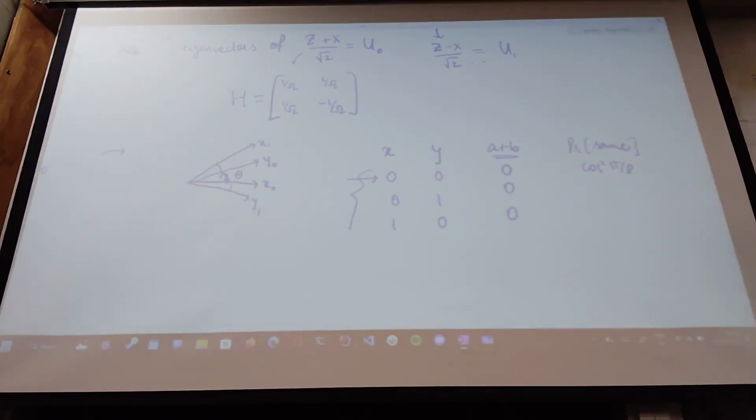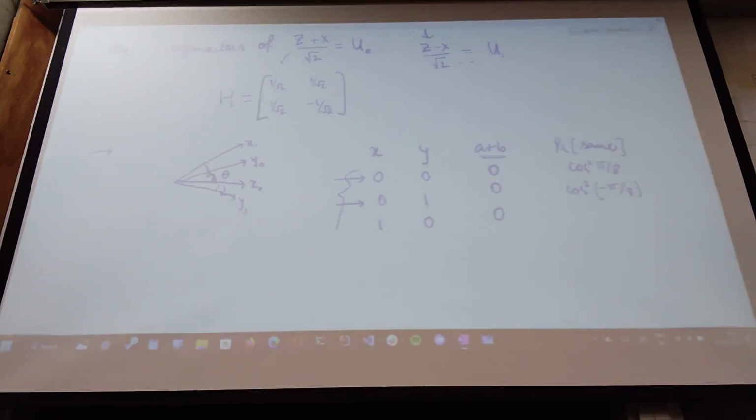Again, if you consider x0 and y1, the angle between them is this angle, and that's just cosine squared of negative pi by 8, which is equal to this.